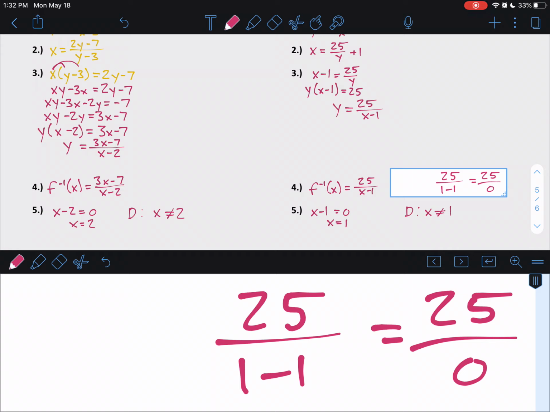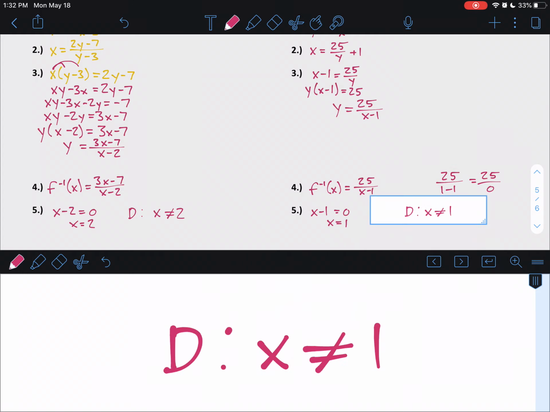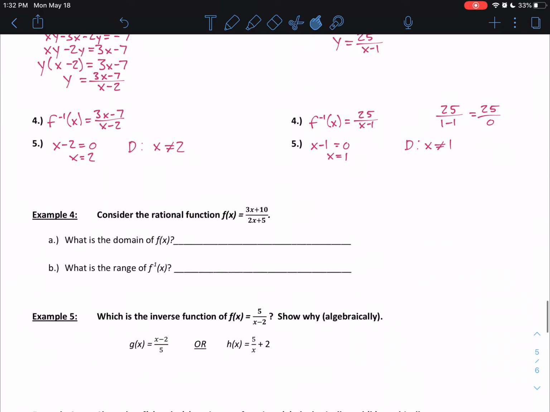That's why the domain does not exist there. You can't divide by 0. So that's what an asymptote is. An asymptote is where the function tried to divide by 0 and it was like, wait, I can't do that. It doesn't exist here. All right.